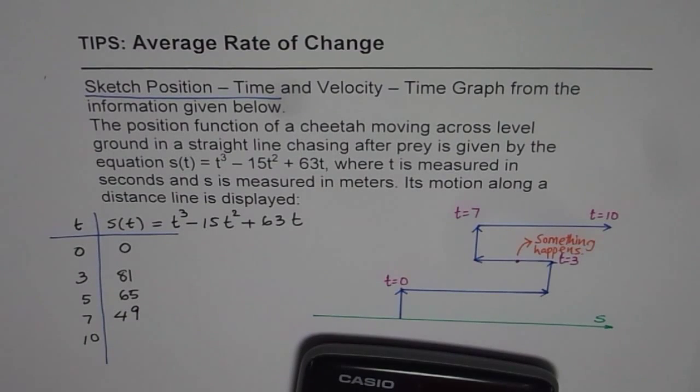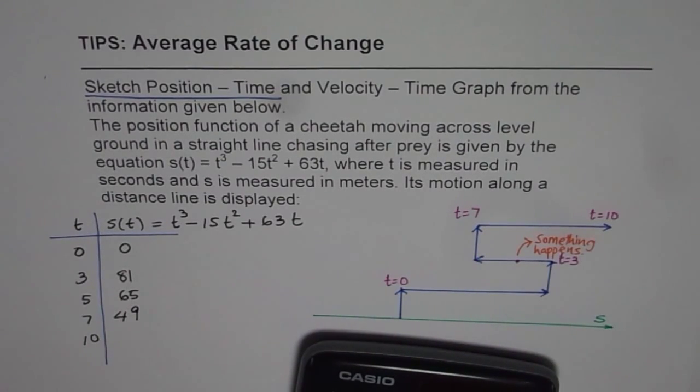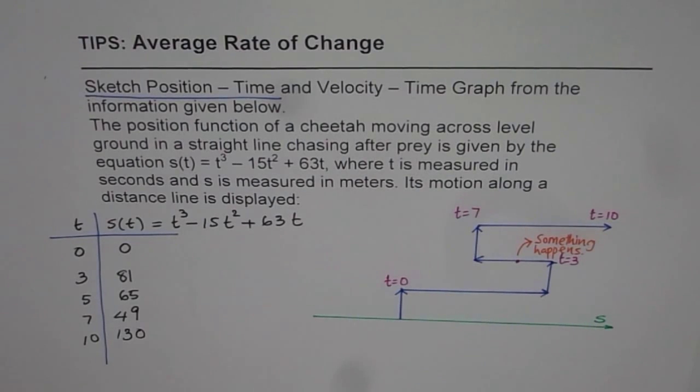For 10, we get 10 cubed minus 15 times 10 squared plus 63 times 10, that gives us 130. So we have these points. With the help of these points, we can always sketch distance time graph.